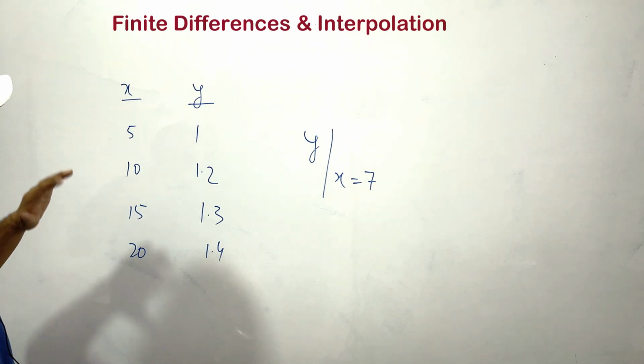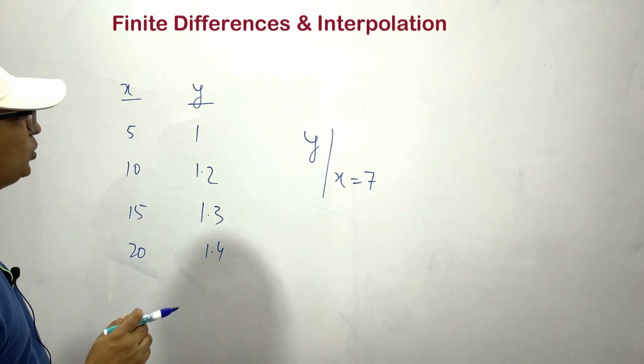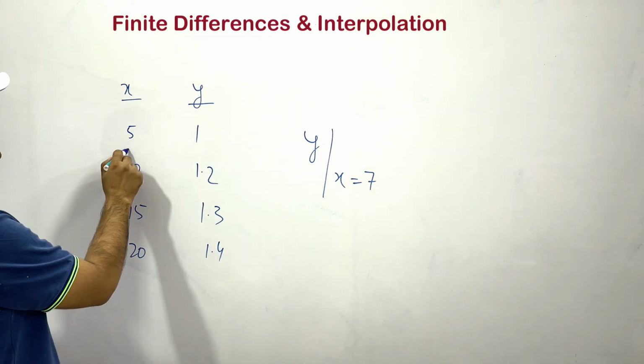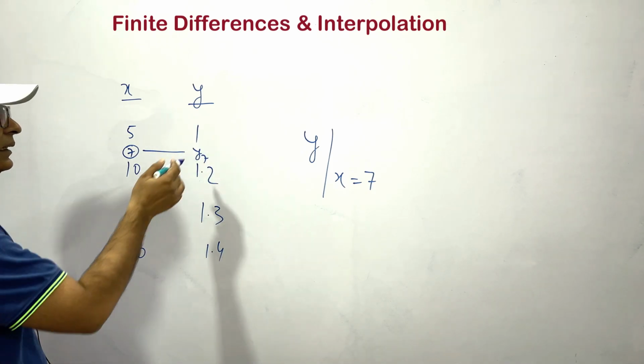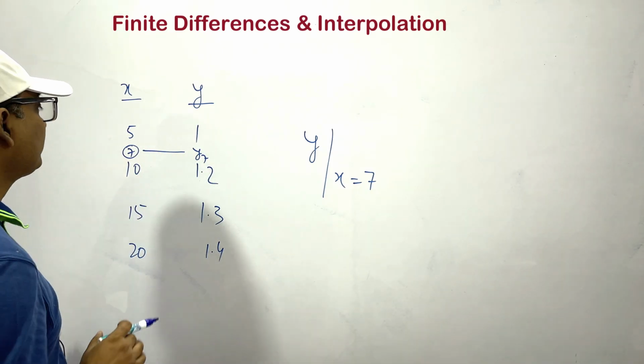This is called interpolation. That is, you devise a mechanism by which you are able to approximate the value of y at x equal to 7. Okay, this process is called interpolation, that is within the range, inter.